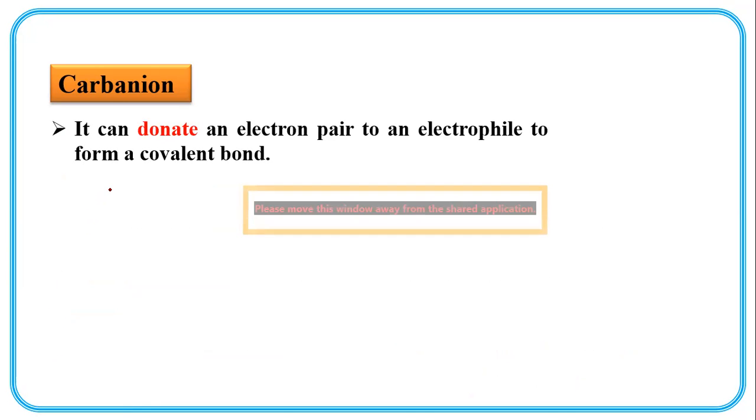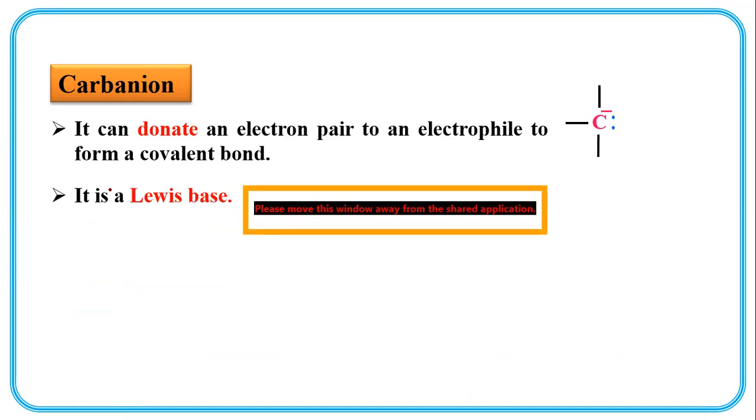Carbanion can donate an electron pair to an electrophile to form a covalent bond. It is a Lewis base, for example methyl carbanion, CH3 minus.